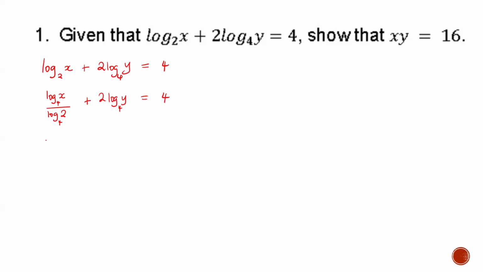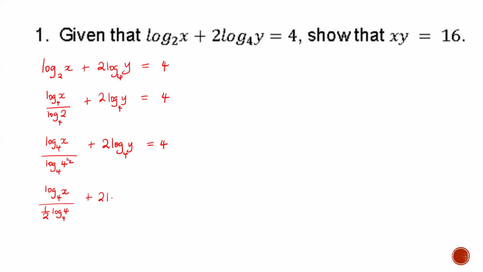Now you realize that 2 can be written as 4 to the power half. And once we do that, we'll be able to simplify what we have in the denominator. So we have this twice log of y to base 4, so that's equal to 4. So now the half can come out. So that would be the log of x to base 4 divided by a half times the log of 4 to base 4.